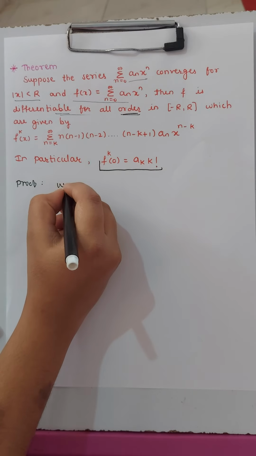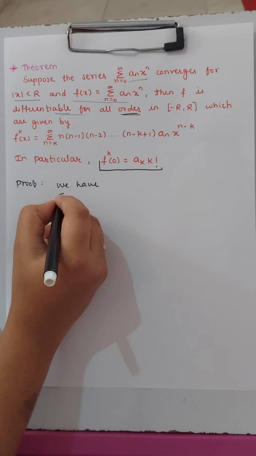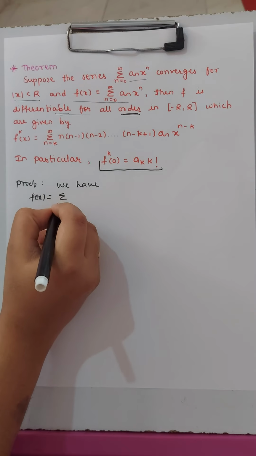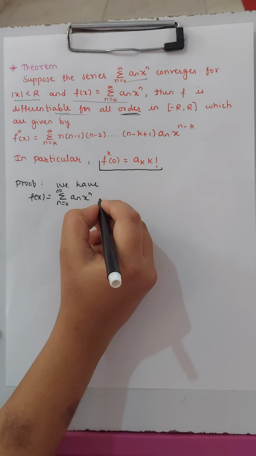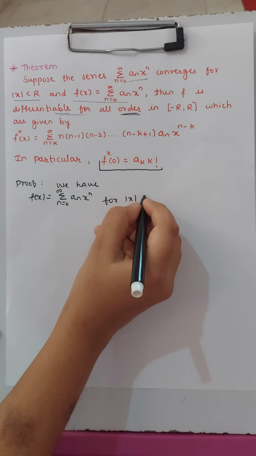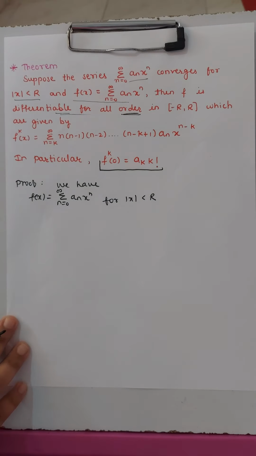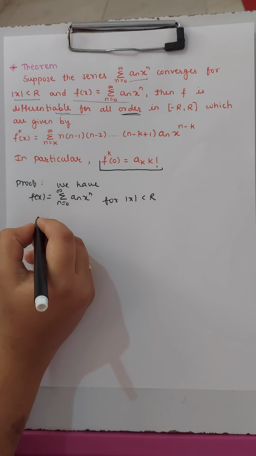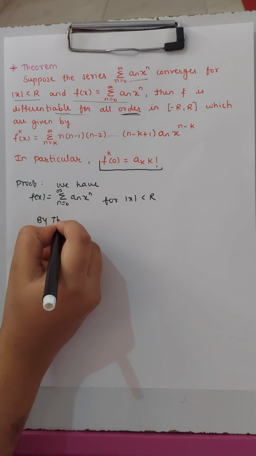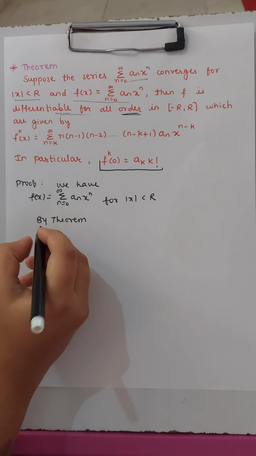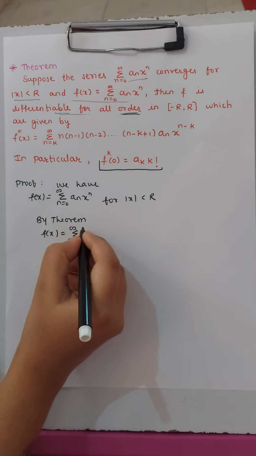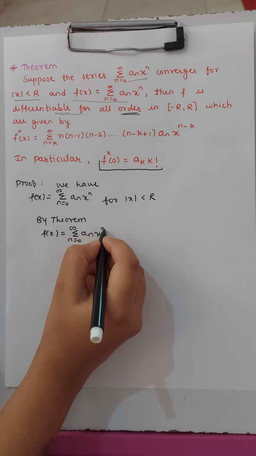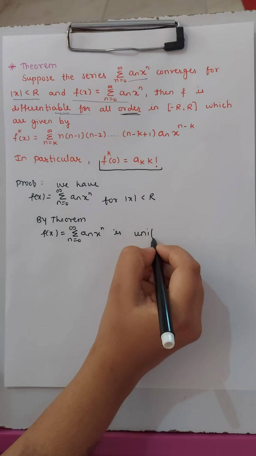Here it is given that f of x equals summation n from 0 to infinity a n x to the power n for mod x less than r. By the theorem which we proved earlier in this same video, we can state that this series is uniformly convergent.